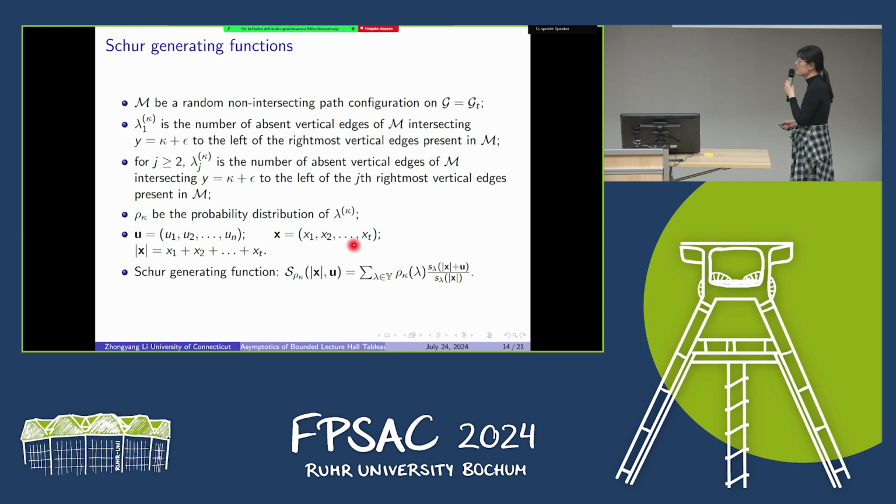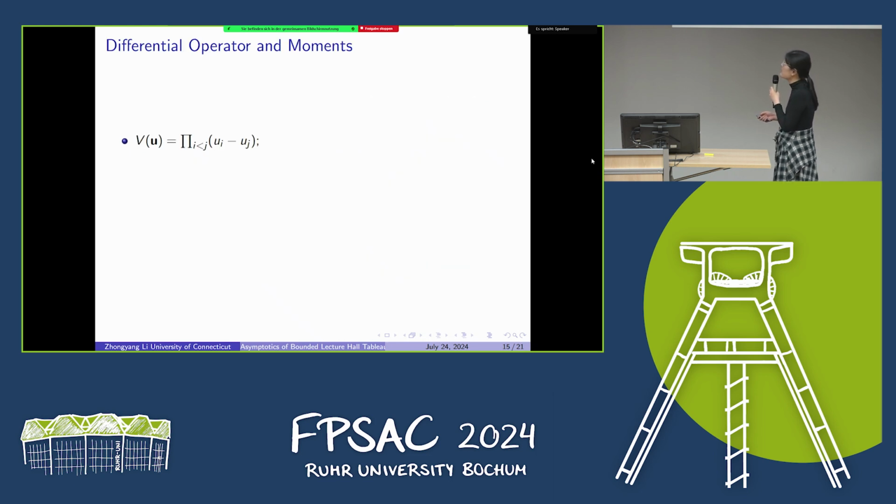So this Schur generating function is basically the expectation of s_λ of (x plus u) divided by s_λ of x, where x is x1 plus x2 plus up to xt. So if we consider the expectation of this quotient, this gives us a Schur generating function.